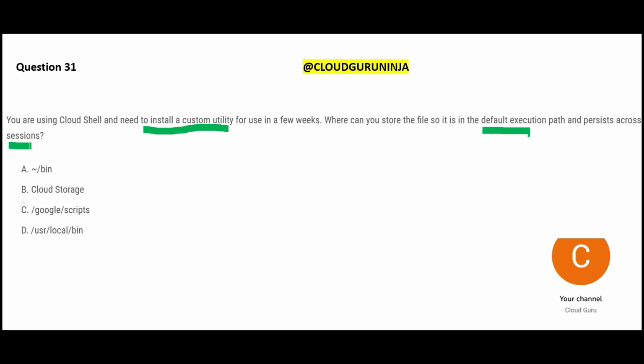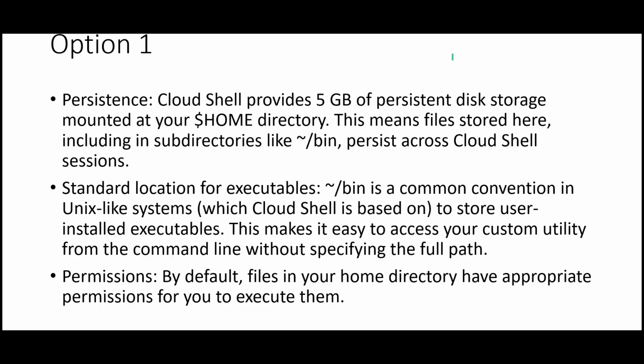The path should be accessible by different sessions, and we want the default execution path. So for the bin directory, what it does is, Cloud Shell provides 5 GB of persistent disk storage. The files stored here include all subdirectories, and they persist across shell sessions. That is what we want.